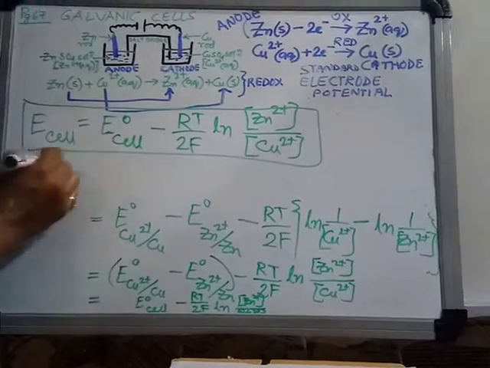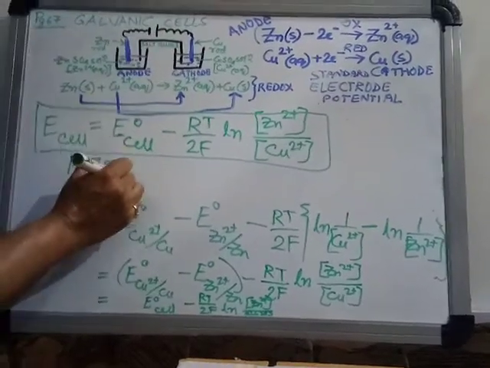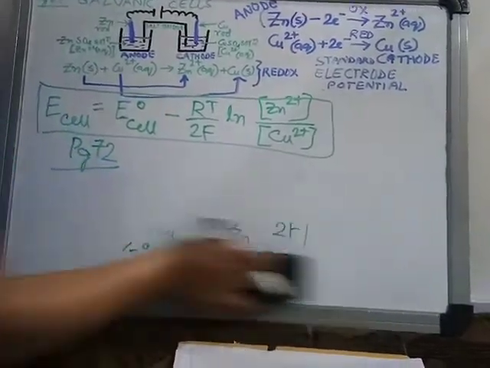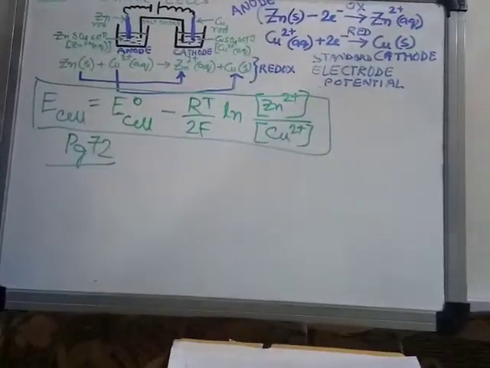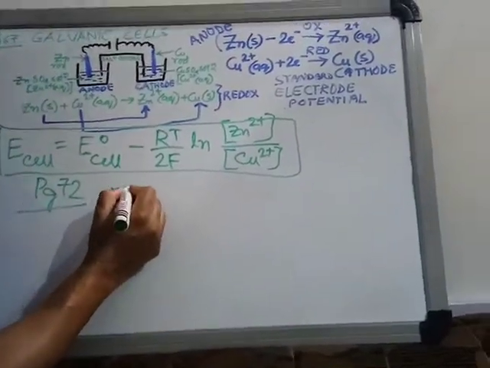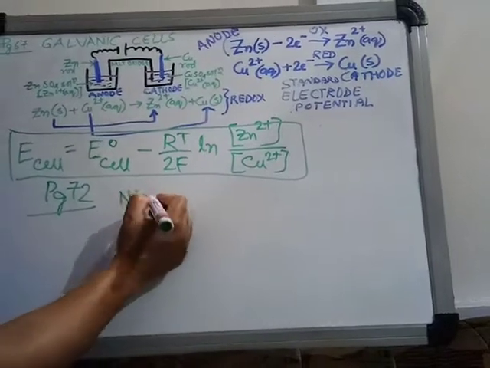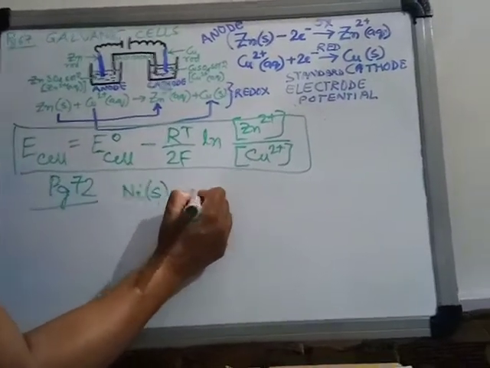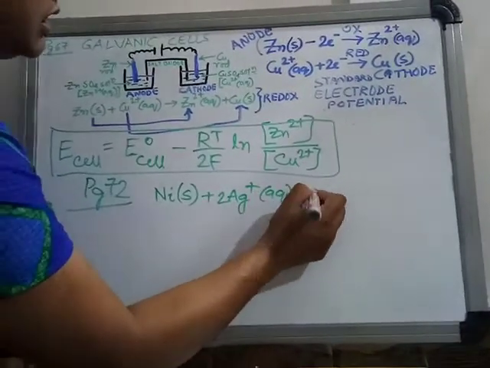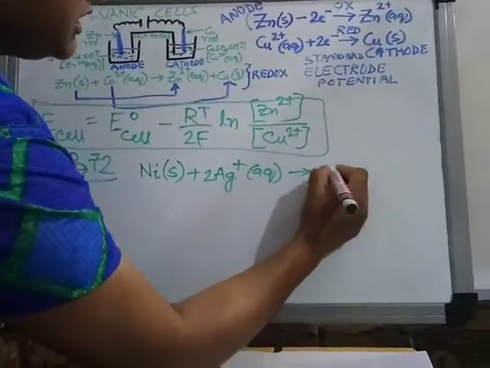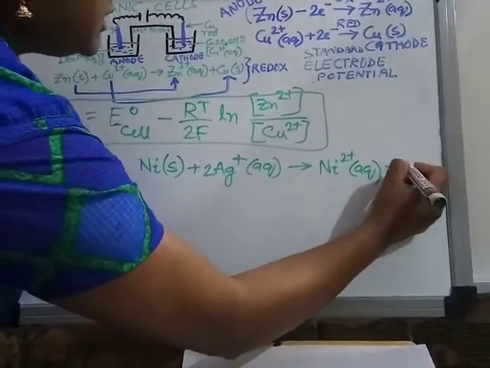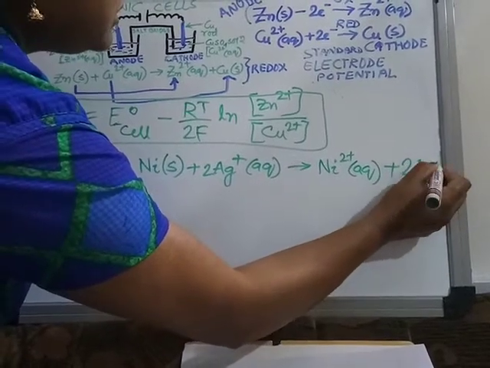So you can see in page 72 they have done for another equation. Please practice that one. They have done for the equation NiS plus 2Ag+ aqueous arrow Ni2+ aqueous plus 2Ag solid.